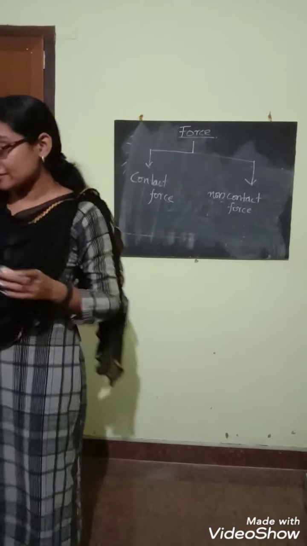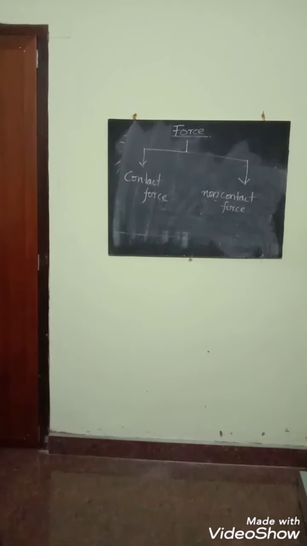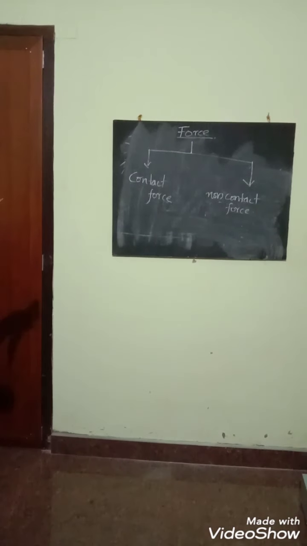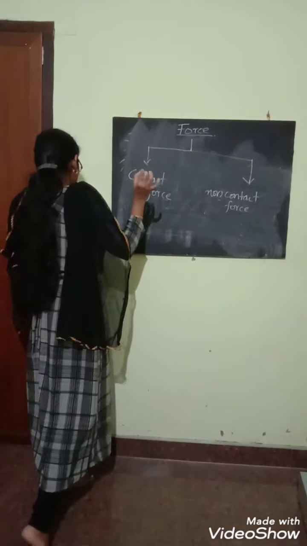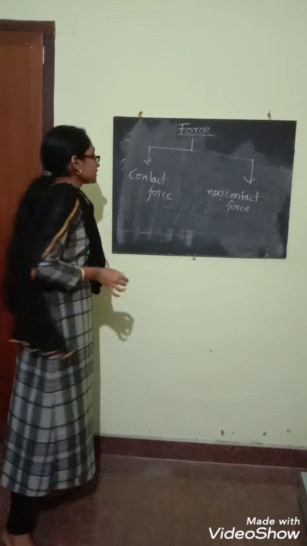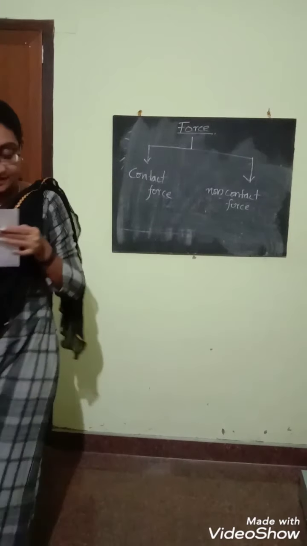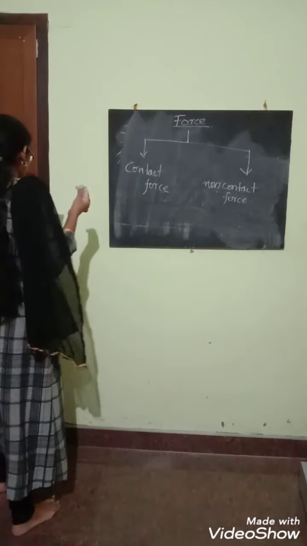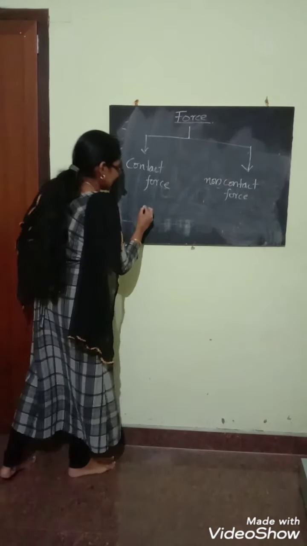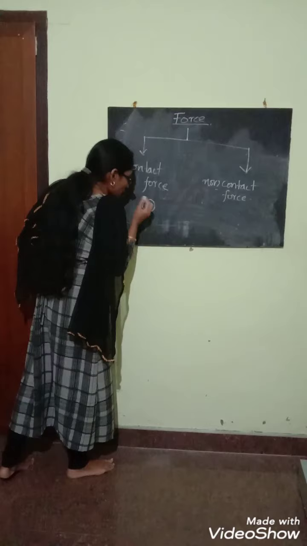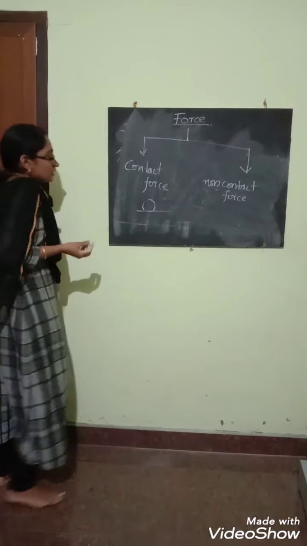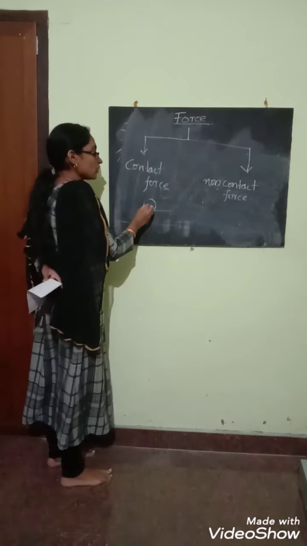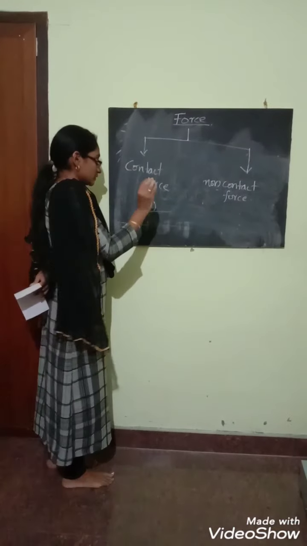We can look at the definition: the force applied by the contact between objects is called contact force. That is, when two objects, considering the example, a ball is rolling along the ground.